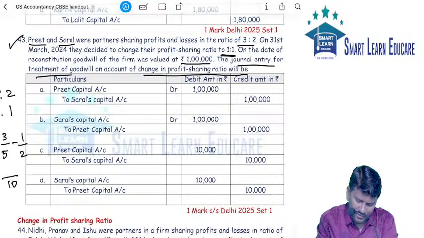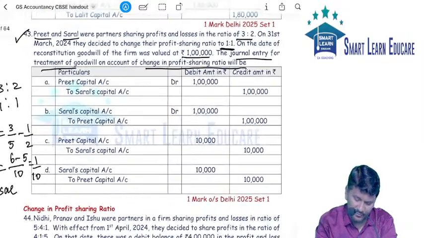It is 6 minus 5, which will give you 1/10. Answer plus, meaning that partner is sacrificing.